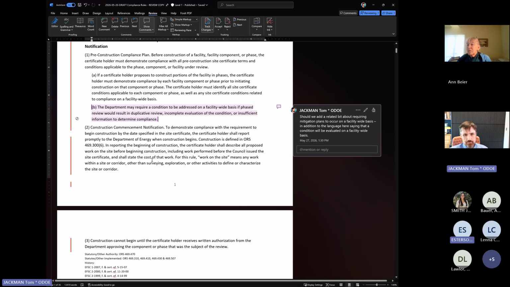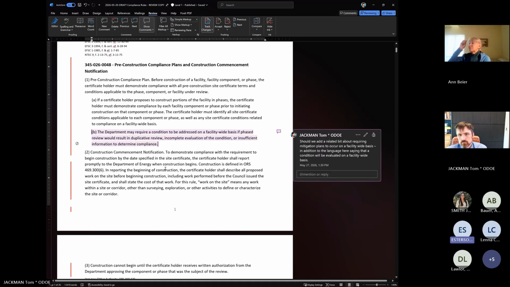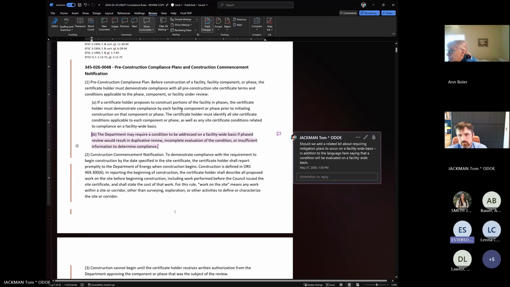I don't know. I actually think in your sub A, the certificate holder has to identify all the conditions that apply to the phase, as well as any that are related to facility-wide, which is a little strange. I guess that wording is weird to me, but we start with the certificate holder every time, right?